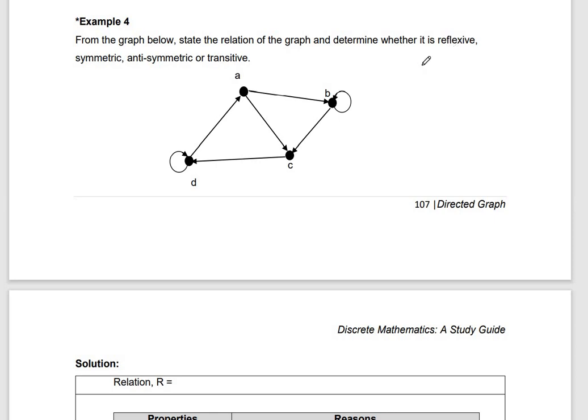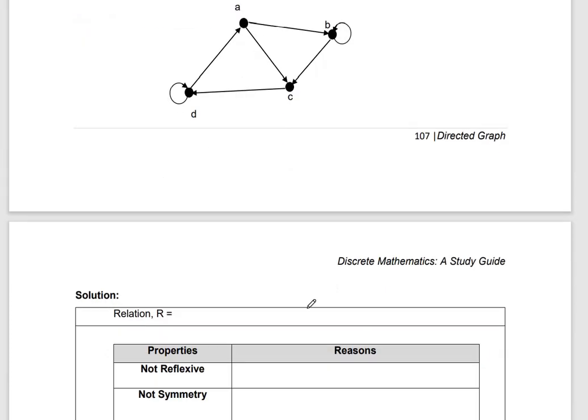Okay. Untuk graph ni, kita pun tengok. Mula-mula sekali, you kena baca dia punya relation. Alright. So, kita baca dia punya relation. Dekat sini relation kita tulis.